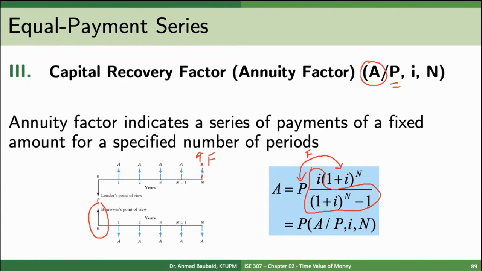That's another way to do it. That's what this formula is: if you unpack it, you're finding F based on the formula that we had before, and then you're moving it back all the way to the beginning. So that's another way you can solve the problem, or you can just plug in if you have the formula ready for you.